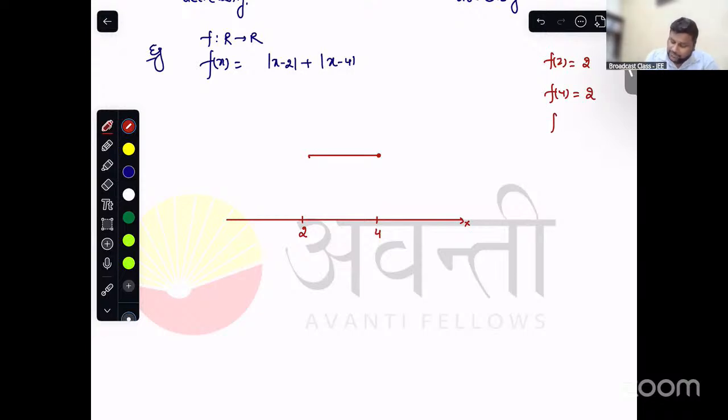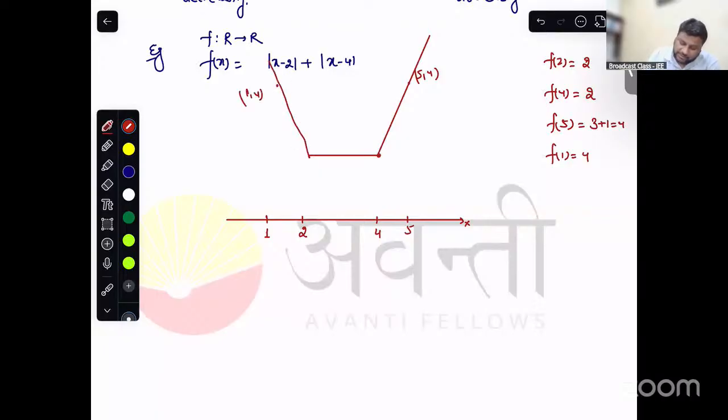So still, if I check for f of 5, at 5 it will be 5 minus 2, 3, plus 1, 4. So at 5, it will be 4. I'll check at 1 also. f of 1 will also be 4.